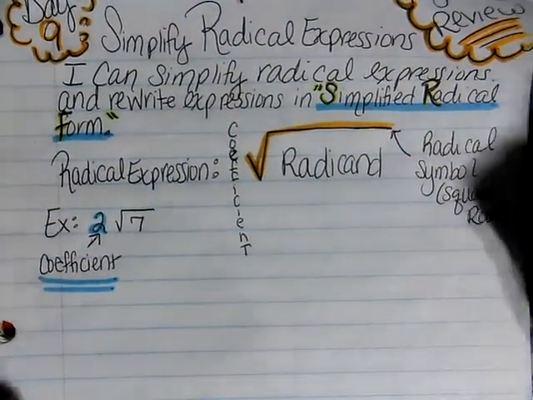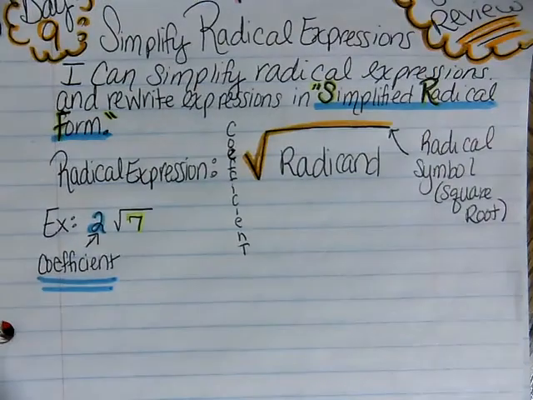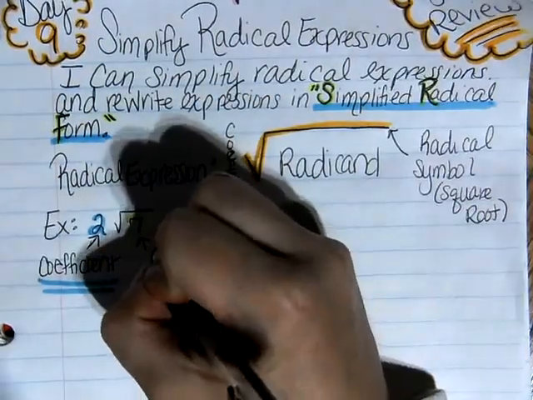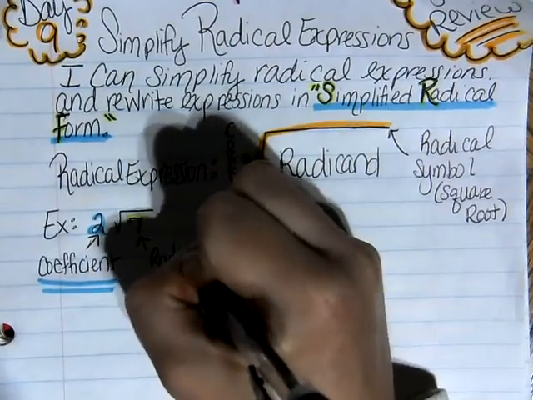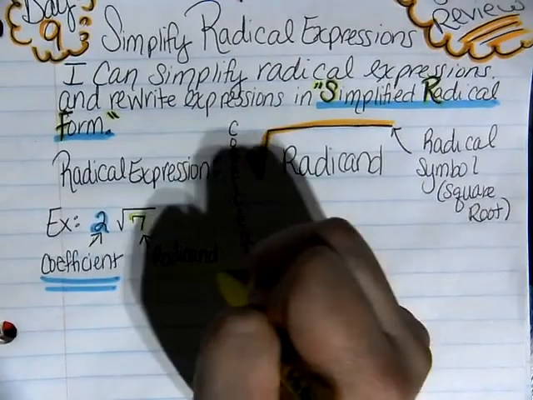And 7 would be called the radicand. And that's because 7 is underneath the square root symbol.